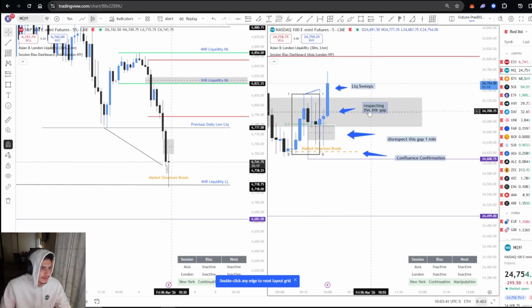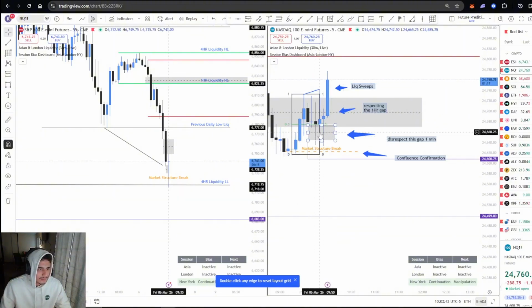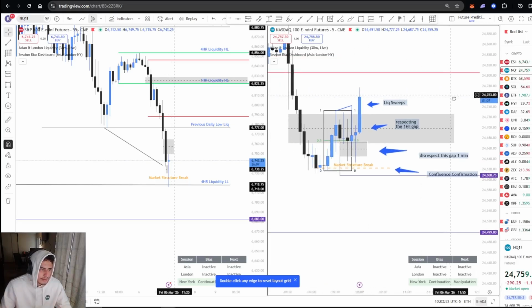But it did the opposite, because we respected this 1 minute fair value gap, and we disrespected this 1 hour gap. So now it's just pushing back to the upside.